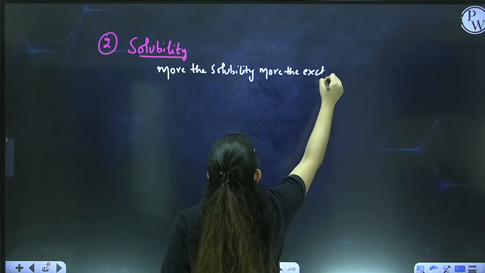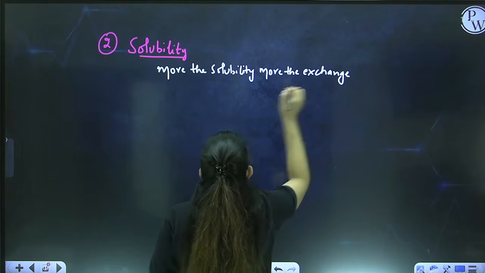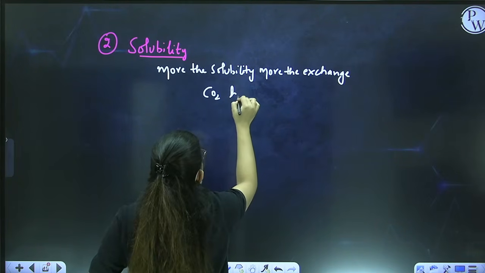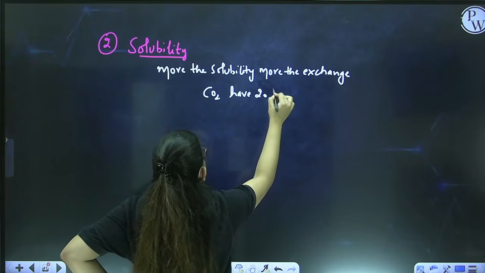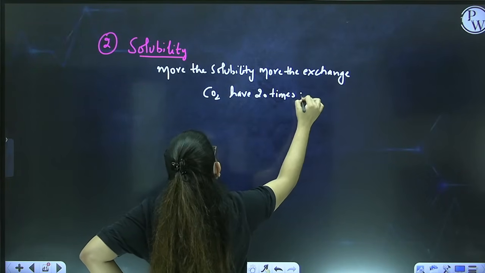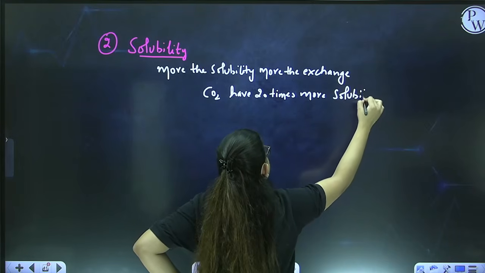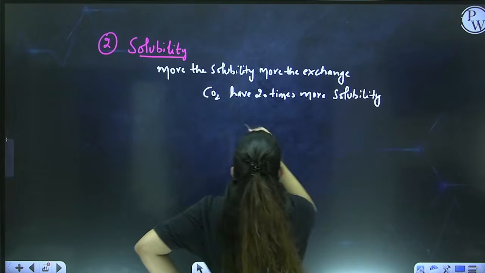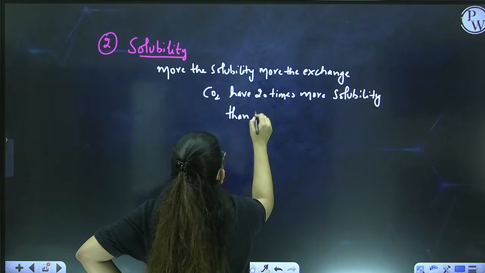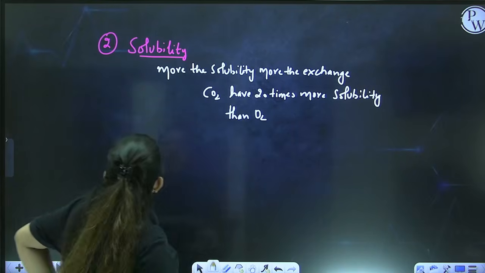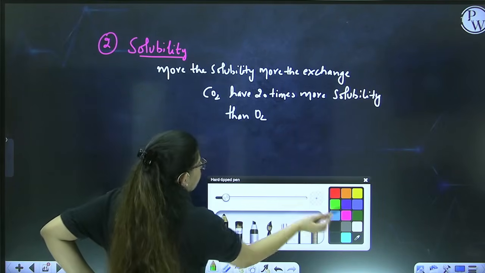As we say, CO2 has 20 times more solubility than oxygen, so it can easily be exchanged than oxygen. Fine. The third factor is thickness of the diffusion membrane.